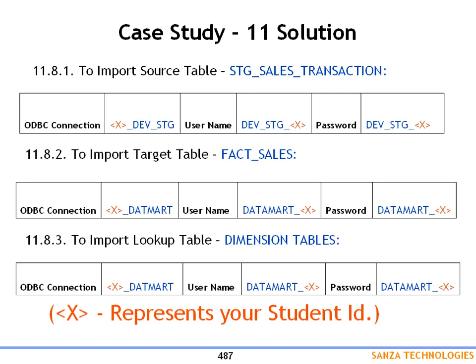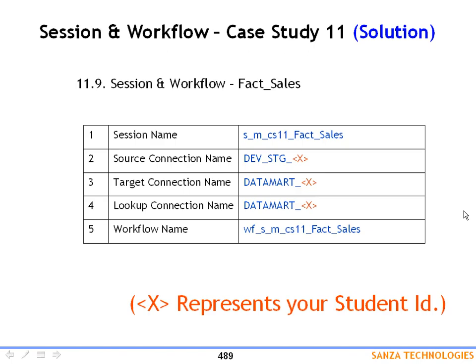So this is the reason you do a lookup on the dimension tables to get the corresponding surrogate keys. You're done? Give the connection information also.